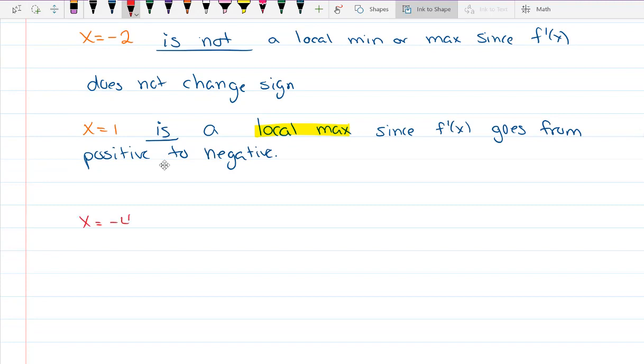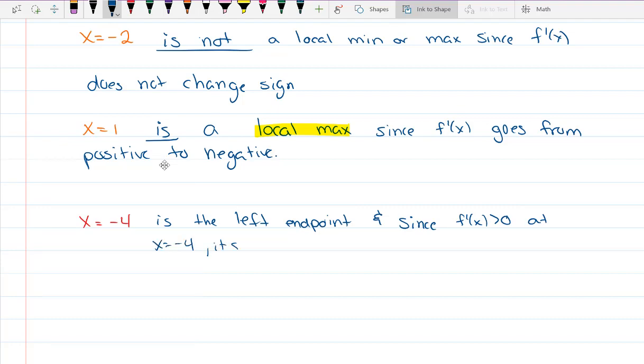X equals negative 4 is the left endpoint, and since f prime of x is greater than 0 at x equals negative 4, it's a local min.